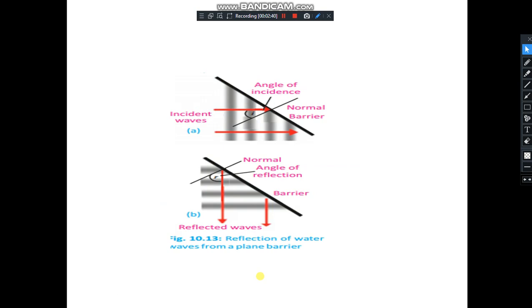Students, to observe the different phenomena in a ripple tank, we place a barrier in front of the waves.